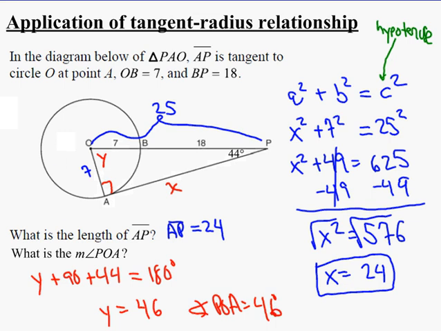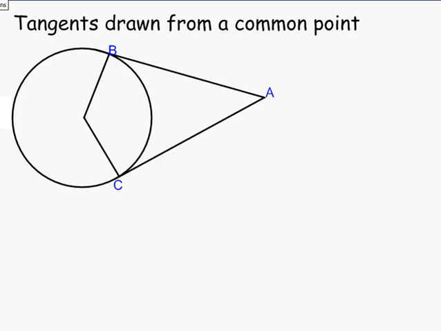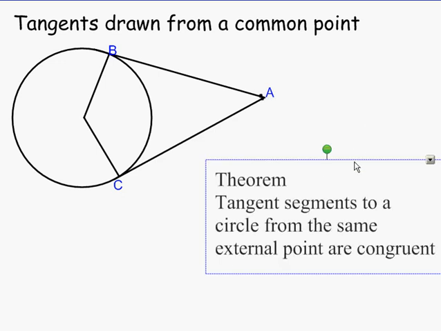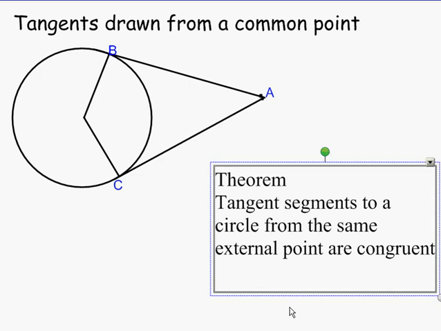Okay, let's look at another theorem with these tangents. Tangents drawn from a common point. Here we have tangent AB and tangent AC, and they're both drawn from the same point A. The theorem says tangent segments to a circle from the same external point are congruent.